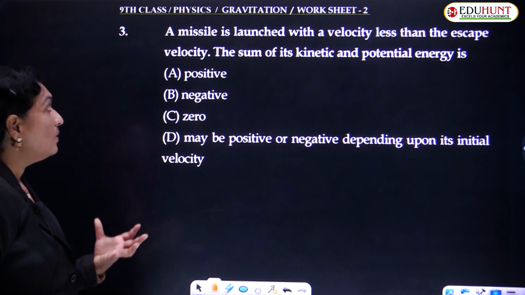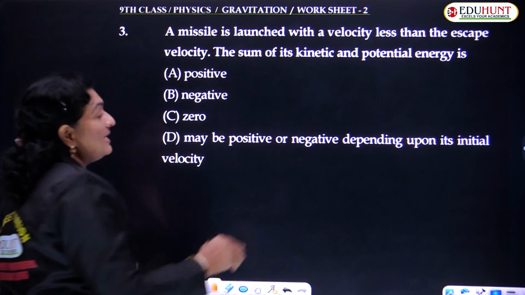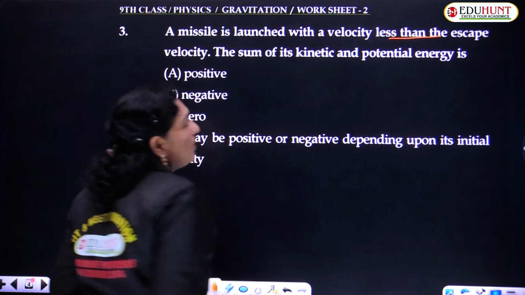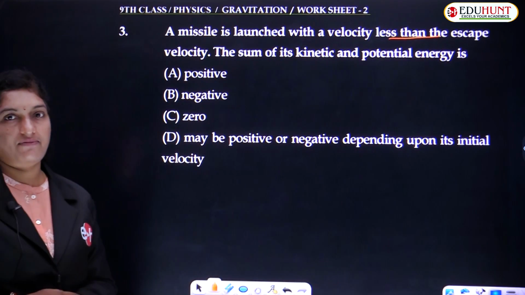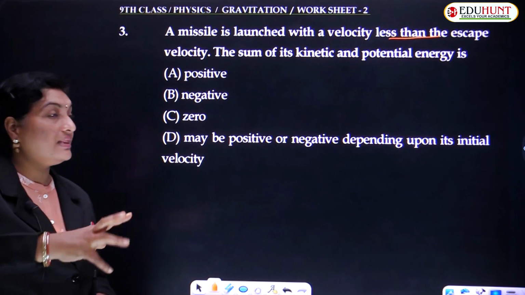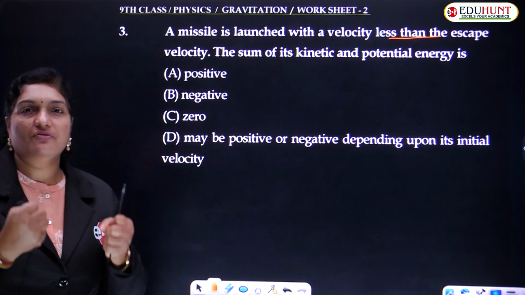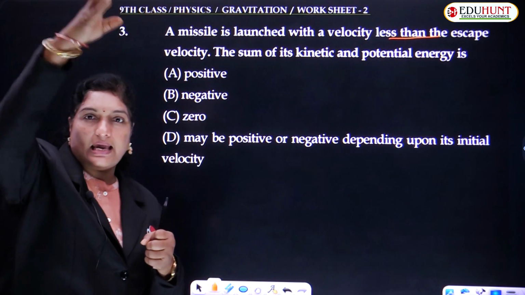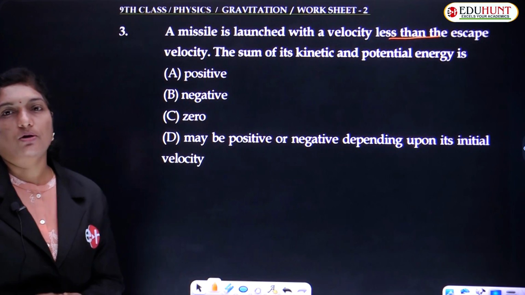So with a velocity less than the escape velocity, what have they given? Less than the escape velocity. If it is greater than the escape velocity, it has a maximum amount of kinetic energy so that it can escape from the gravitational pull of the planet.